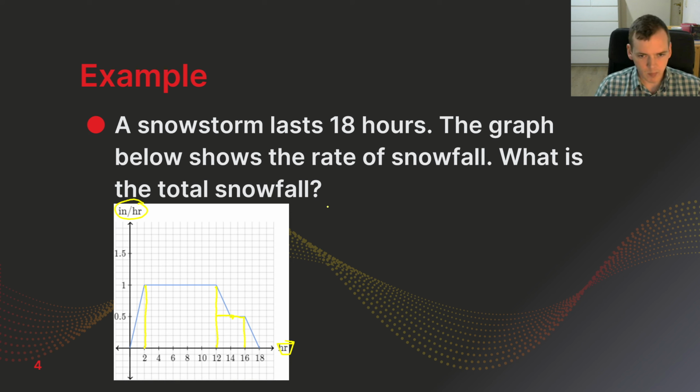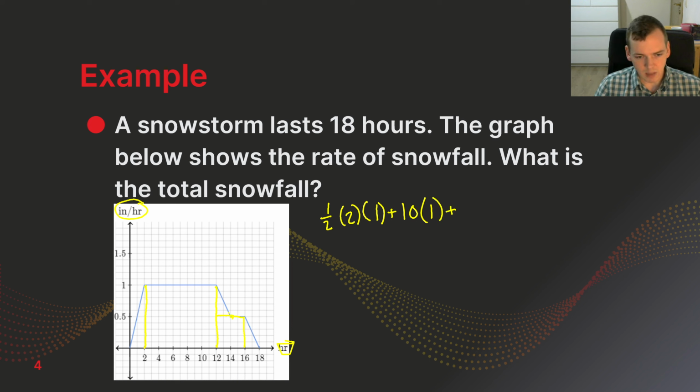So that first triangle is 1/2 times 2 hours times 1 inch per hour of the height, plus this middle rectangle, which is 2, 4, 6, 8, 10 hours times a rate of 1 inch per hour.